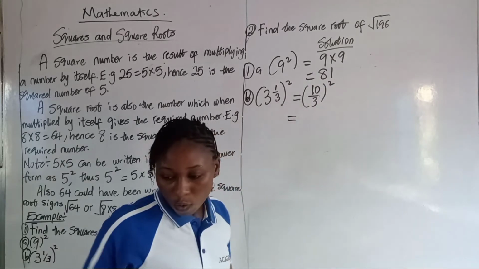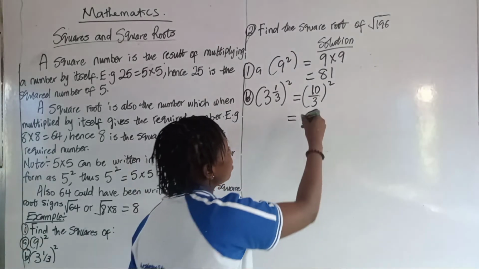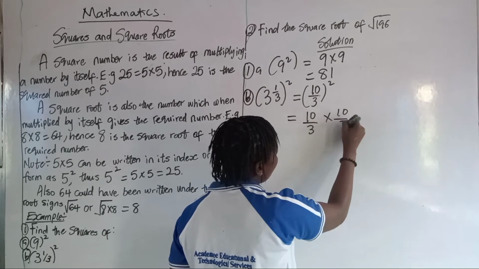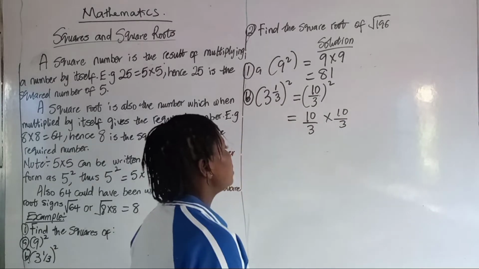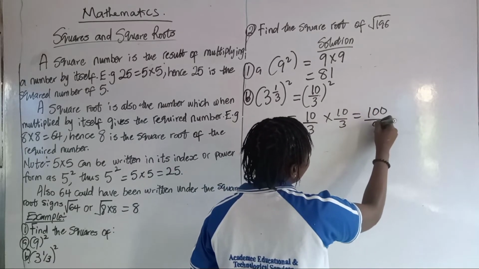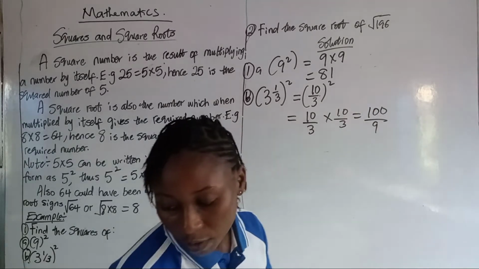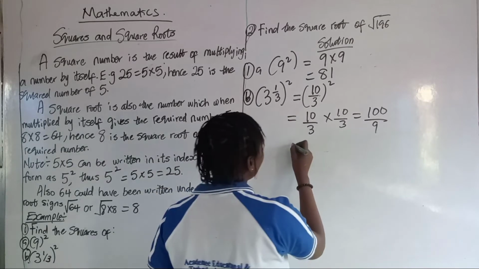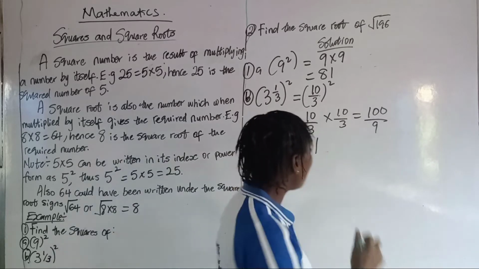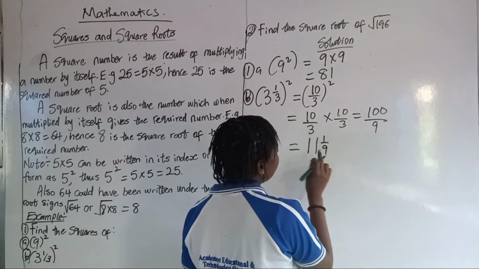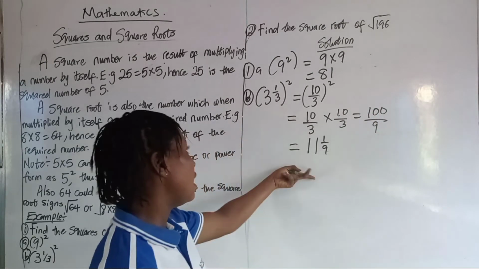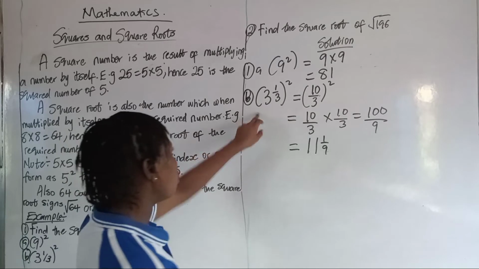Now let's see, that is 10 over 3 in 2 places, times 10 over 3, right? Now 10 times 10 is equal to what? 100. That is 100 over 9. How many 9 can we find in 100? We can find 11 9s. 11 whole number 1 over 9. 9 times 11 is 99 plus 1, that's 100. So that's the answer for 1B.